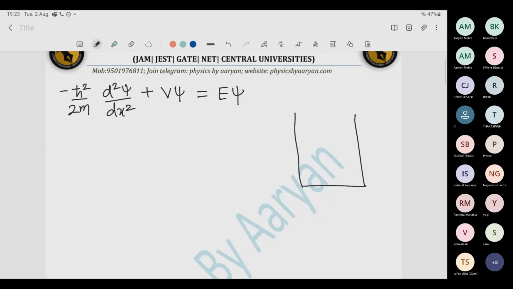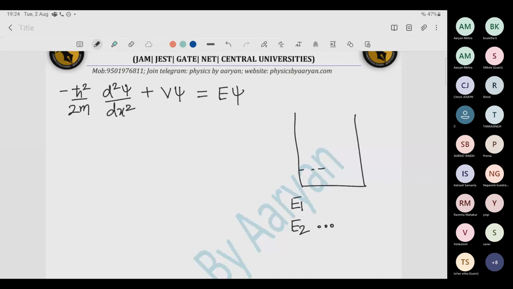So for all the energies, let's say it will have the energy E1, it will have the energy E2, and so on. So this equation tells us that when our system has the energy E1, what will be the state of the system?